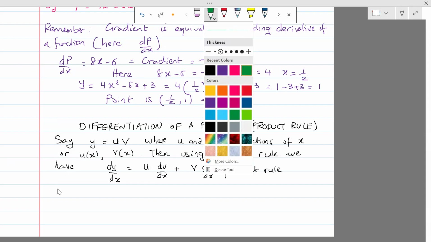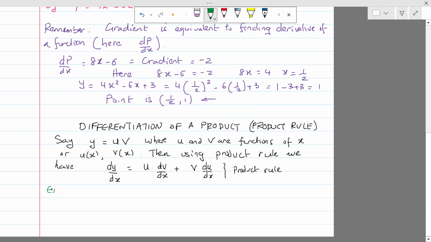Now let's look at an example. If y becomes 4x cubed sine of 2x, use product rule to find dy by dx.